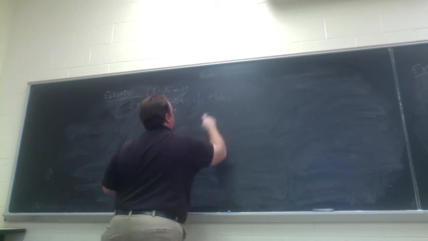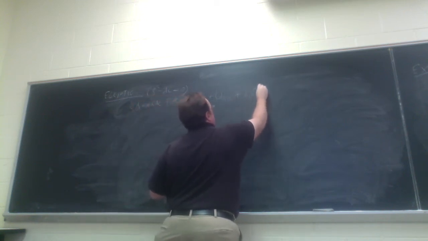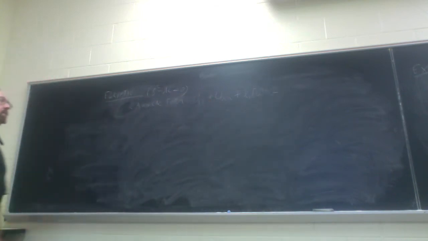So this is a Laplacian of u plus some lower order differential operator is equal to whatever your right hand side was. Okay, so basically all elliptic equations relate to essentially the Laplacian plus lower order things.